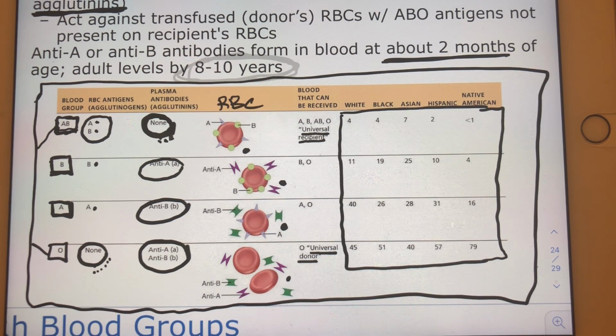We don't make all of our antibodies at the same age or at the same moment in our lifespan. So that's something to keep in mind. And our anti-A and anti-B antibodies haven't reached our adult levels until we're maybe 8 or 10 years old, 8, 9, 10, somewhere in there. Okay, so keep that in mind.